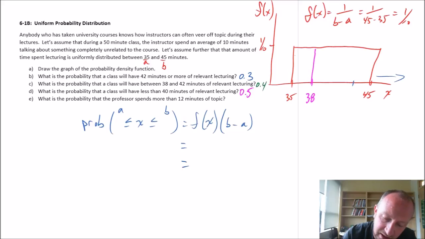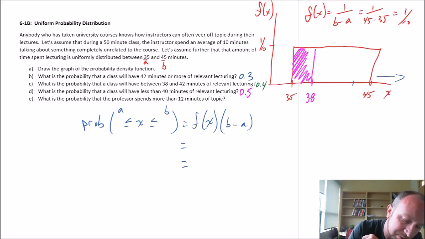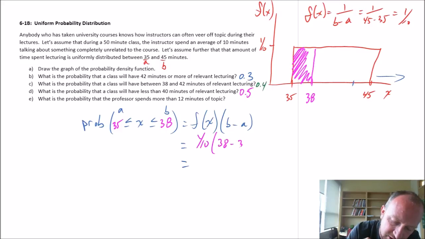And so again, the minimum here is 35, so the lowest possible value is 35. So this is going to be 35 to 38. 1/10 times 38 minus 35. So this is 1/10 times 3, so here's 0.3.